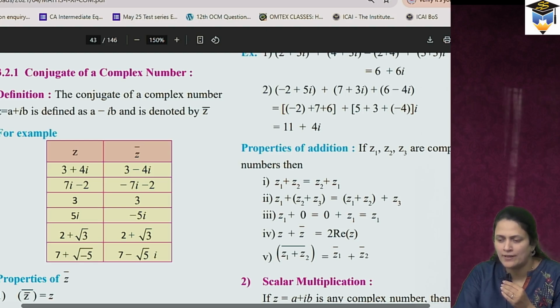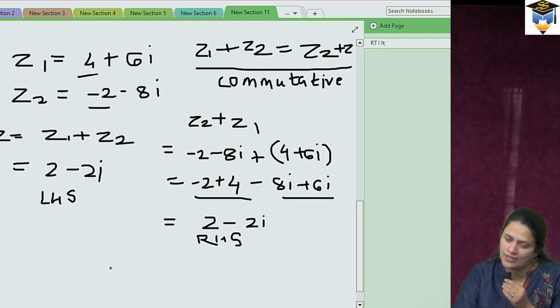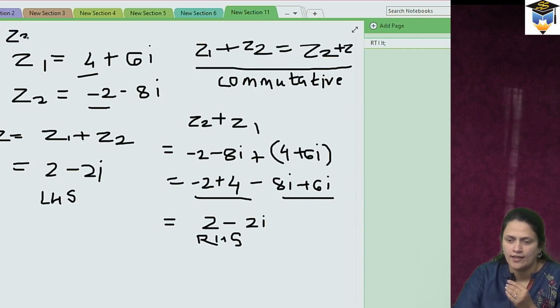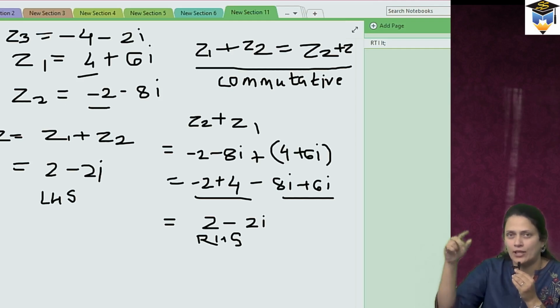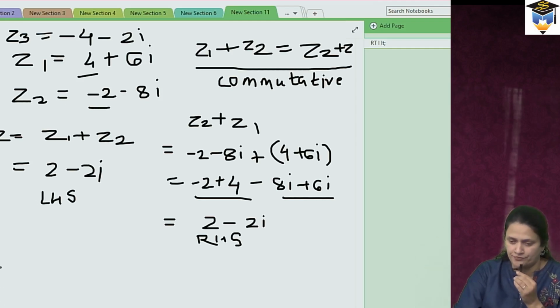Now the next property was Z1 plus in bracket Z2 plus Z3. So we will add one Z3 also. Take this same Z1 as this, Z2 as this, and take Z3 as minus 4 minus 2i. After property number 2, write down in bracket associative.